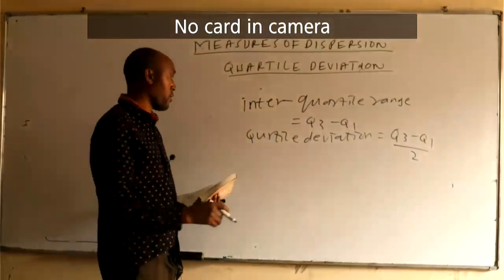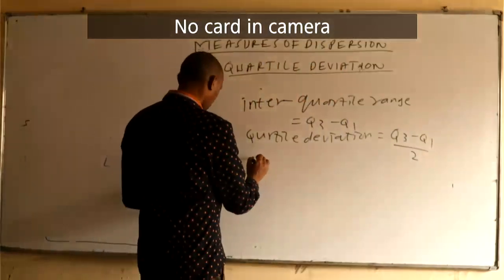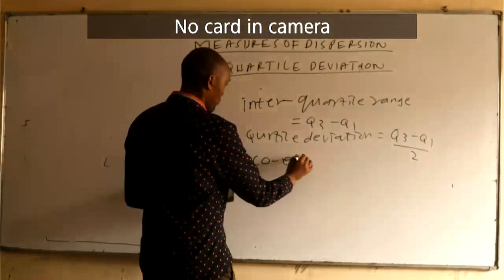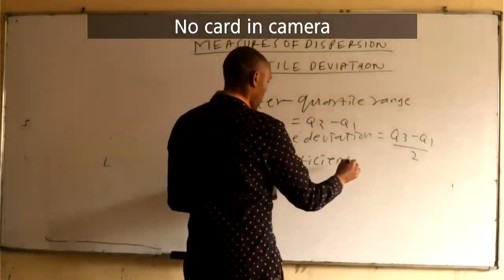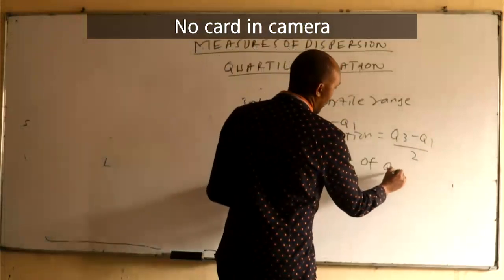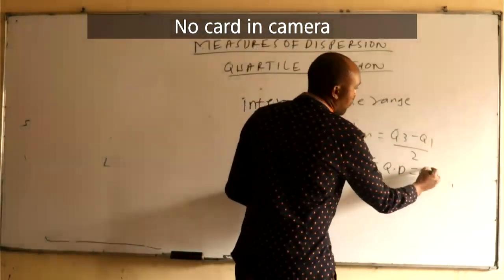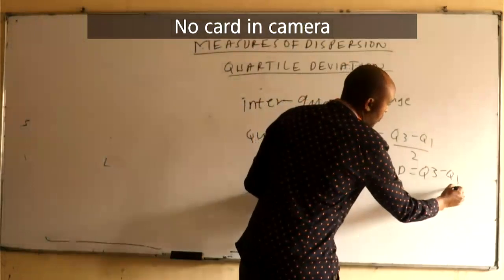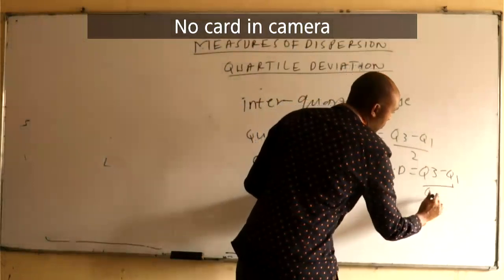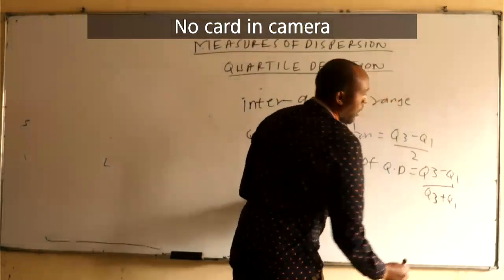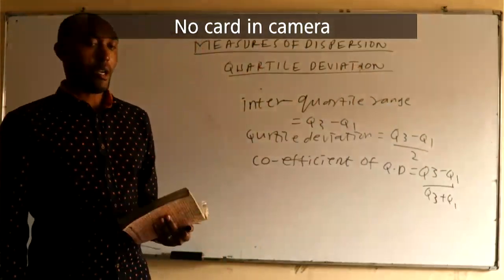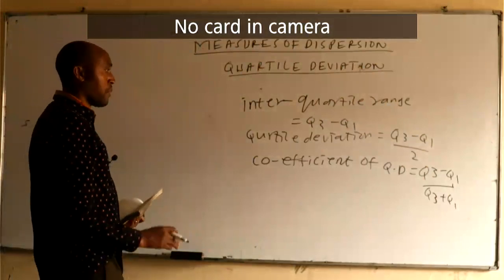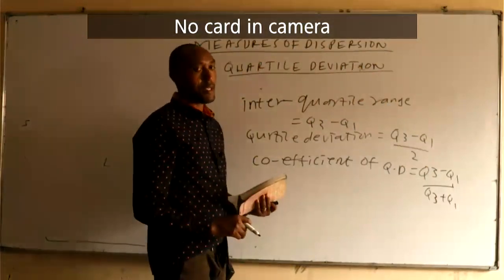Then we have the coefficient of quartile deviation, which is Q3 minus Q1 over Q3 plus Q1. We choose the formula depending on what the question is asking.